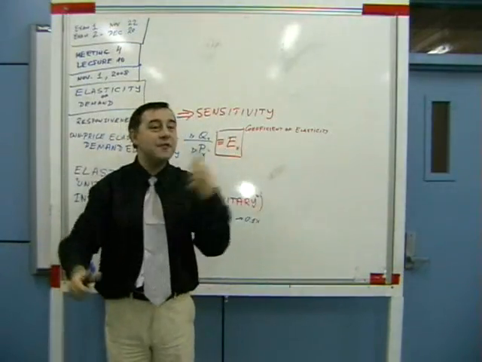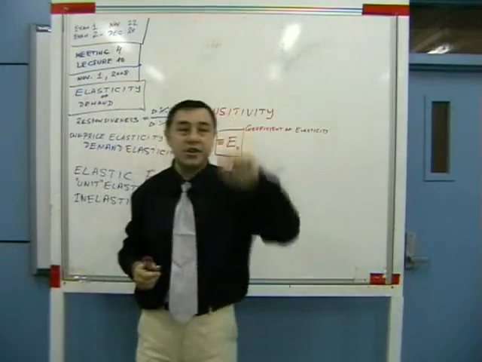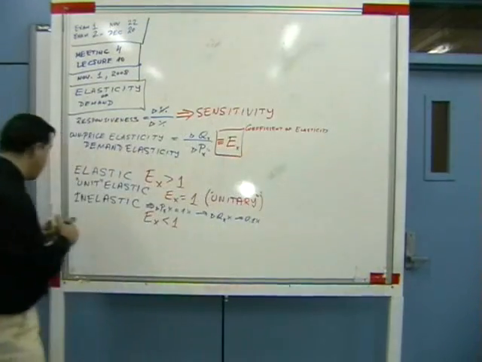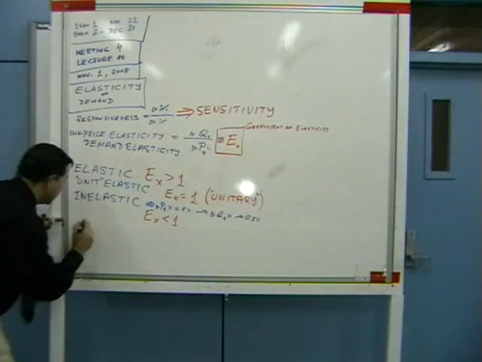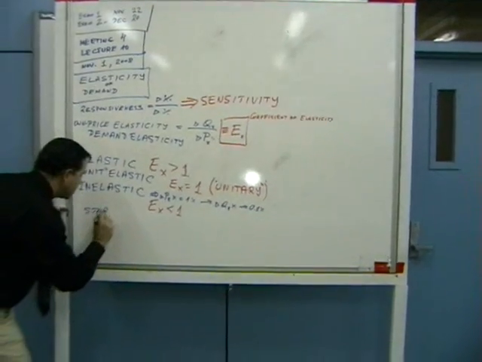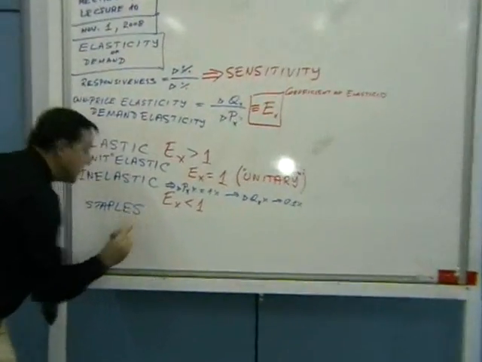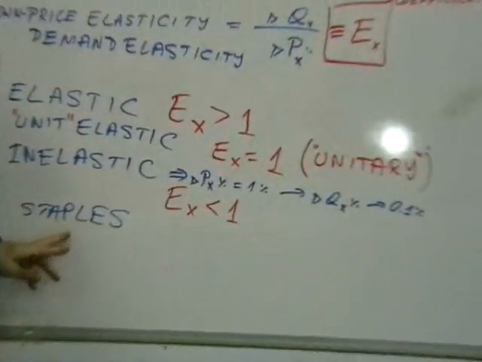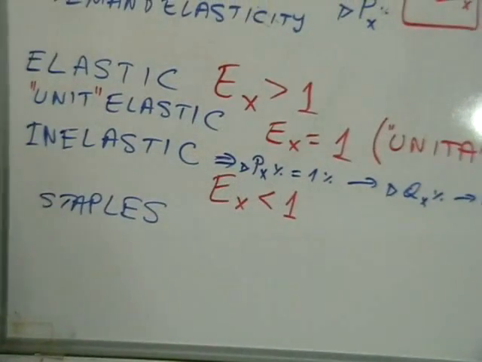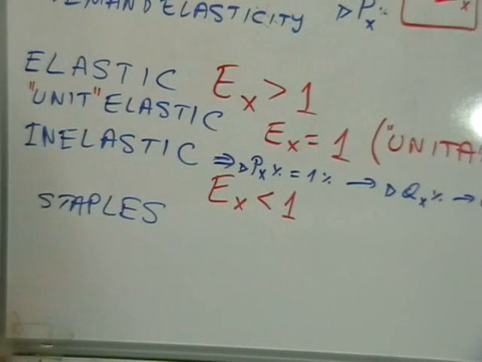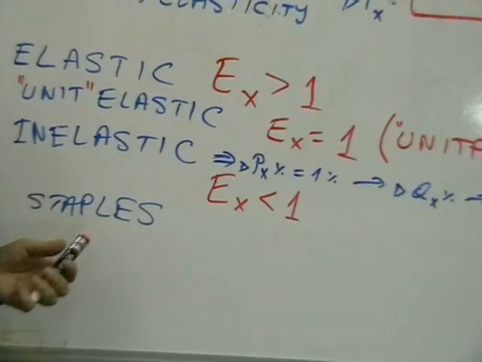So, some foods, how do we call these foods? Do these foods have a special name? We call these foods staples. These foods, which we call staples, usually have very inelastic demand, okay?